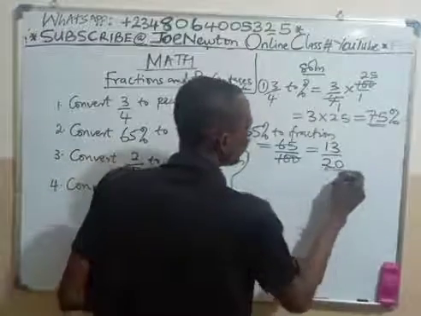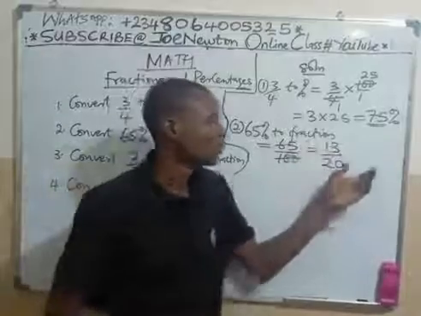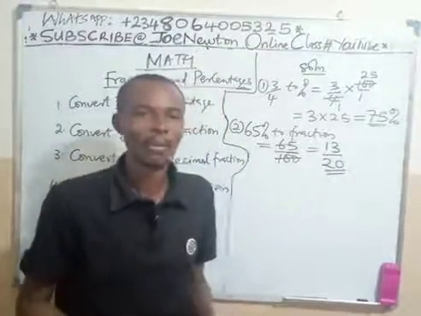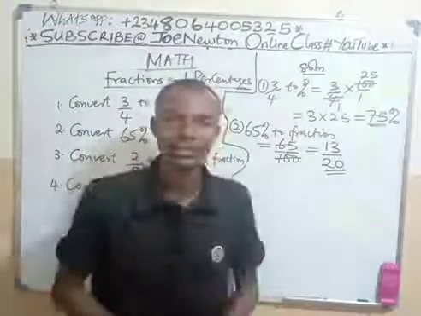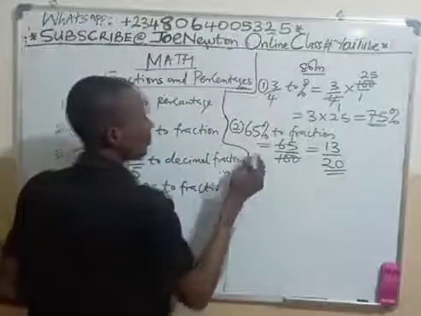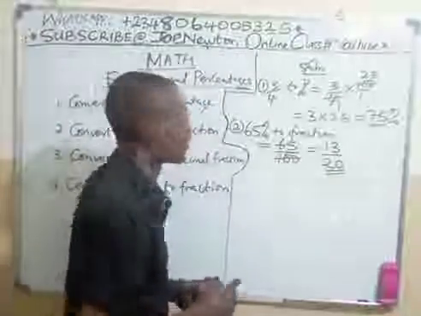So 13 over 20 becomes the answer here, since we cannot reduce 13 over 20 to lowest form again. Although 2 can divide 20, 2 cannot divide 13. Okay, so 65% is equivalent to 13 over 20 in common fraction.